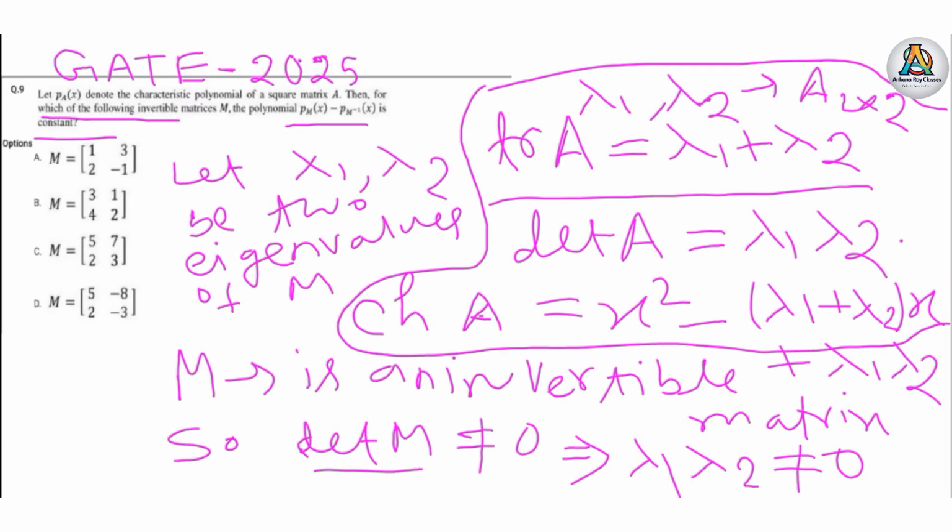Now we have to find those matrices M such that P_M(x) minus P_M inverse(x) is constant.